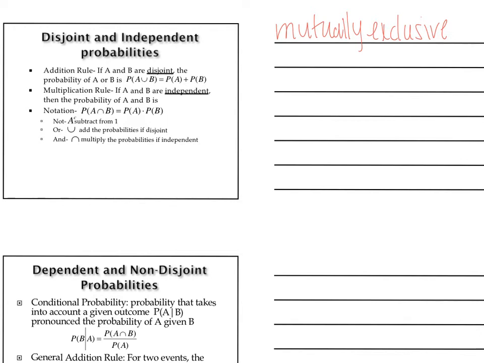So we had the addition rule that says if two events are disjoint or mutually exclusive, the probability that A or B happens, so let's remember that this symbol, the U means or, and then the upside down U is and. We could just add the two probabilities together.